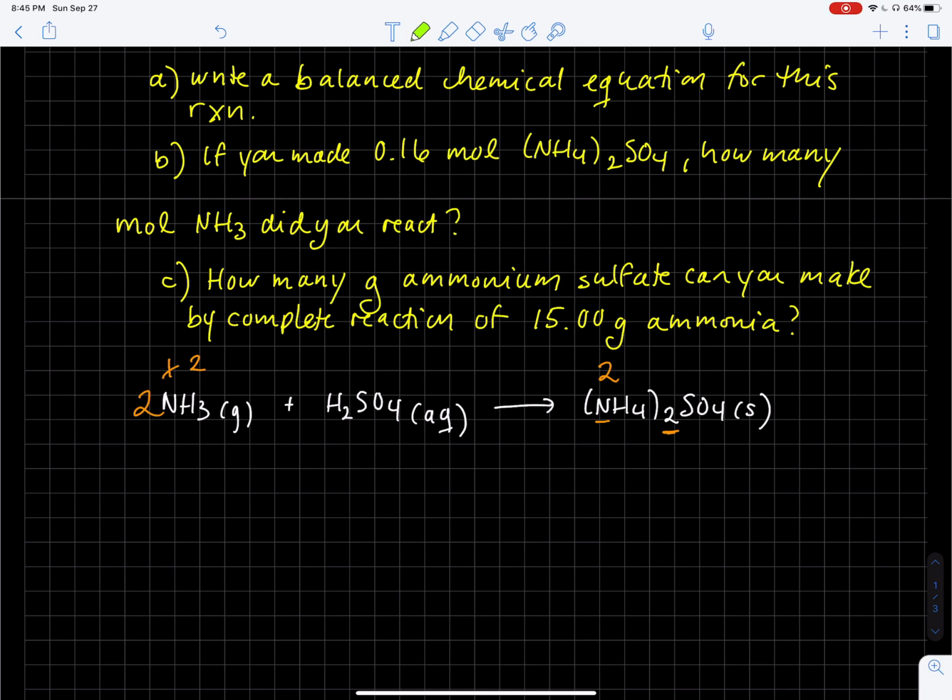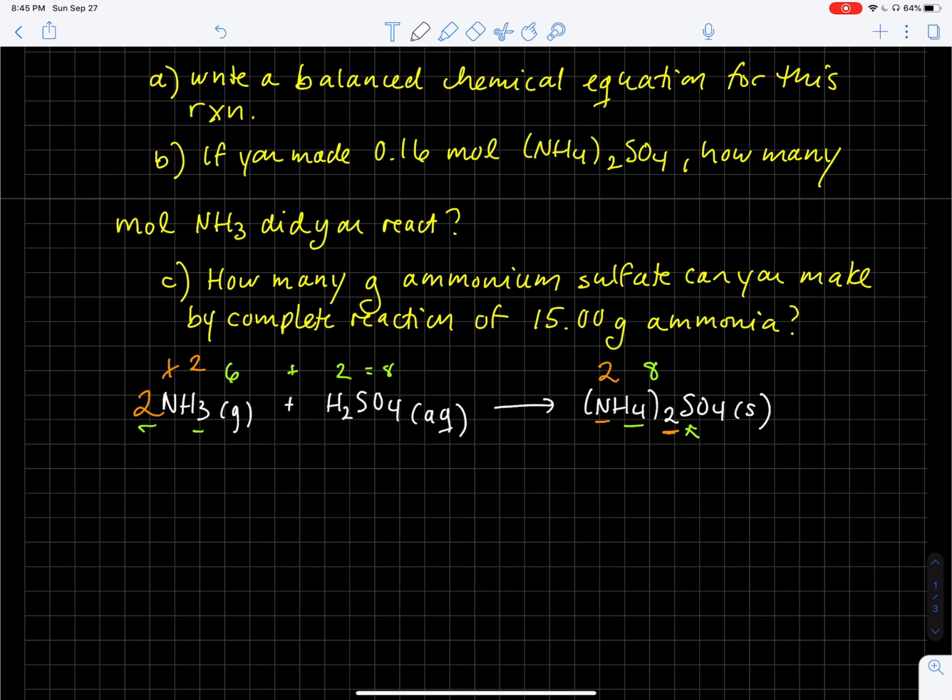I have here 8 hydrogens, 2 outside the parentheses times the 4 inside. Here I have 2 hydrogens in this compound, and I have 2 times 3 is 6. So 6 plus 2 equals 8. So we're all balanced. We just needed that 2. So our sulfurs are balanced because sulfur shows up as SO4 on both sides. Okay, so that's A, done.